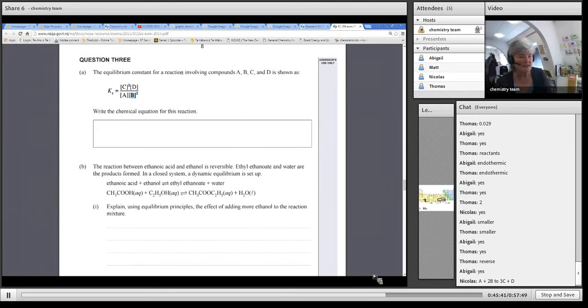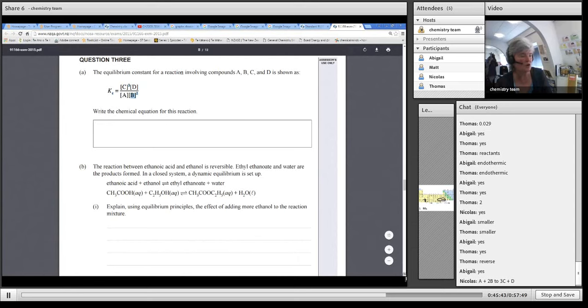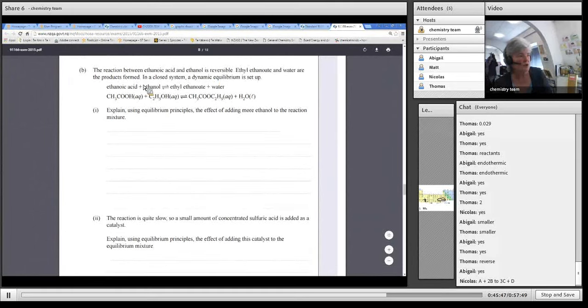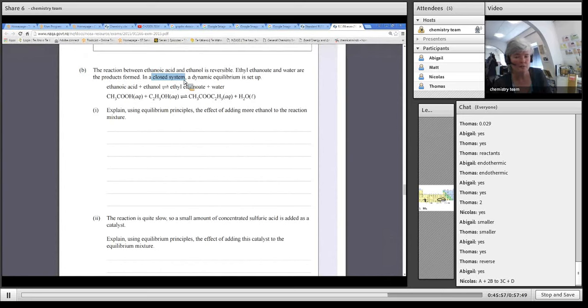And now here is something similar to what we did last week. We're told it's in a closed system. Why is that important? For an equilibrium to exist, what are some of the requirements? Not too sure? Okay. One of the things is, of course, it must be in a closed system.